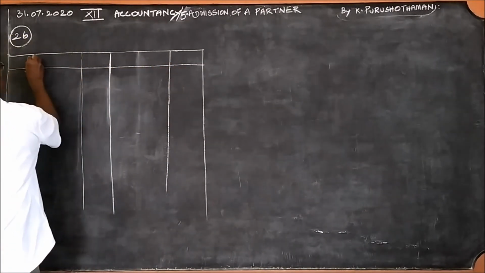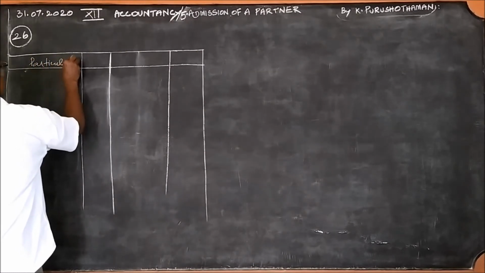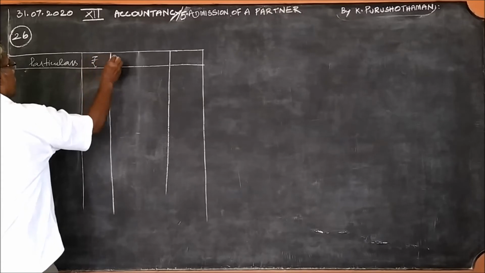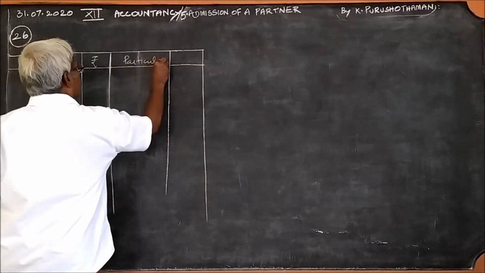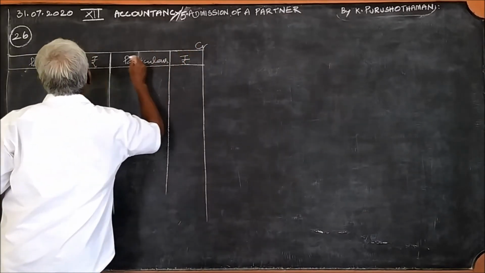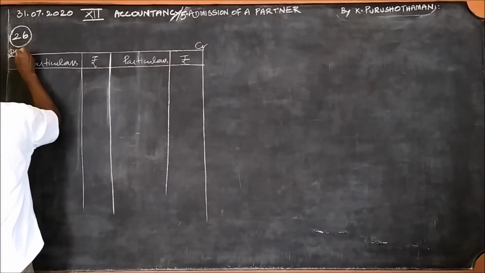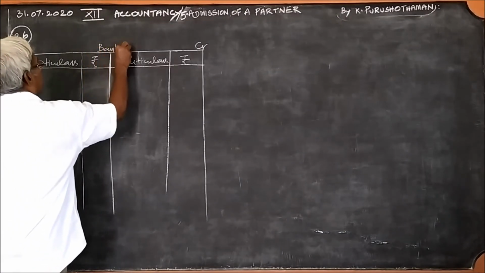Here we can write particulars, rupees, particulars, rupees. This is the debtor, creditor. Now we can prepare the bank account.